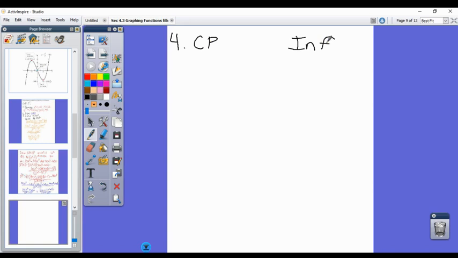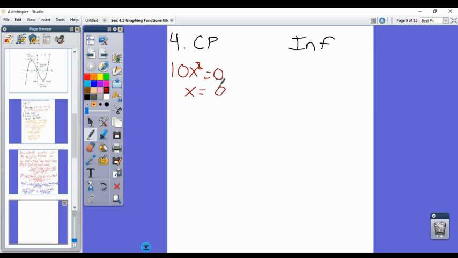Okay, so remember your critical points, you're going to take, in this case, the numerator of the first derivative and set it equal to 0. So the numerator of the factored first derivative that we had was 10x squared, and then I'm going to equal that to 0, which is going to give me x is 0.